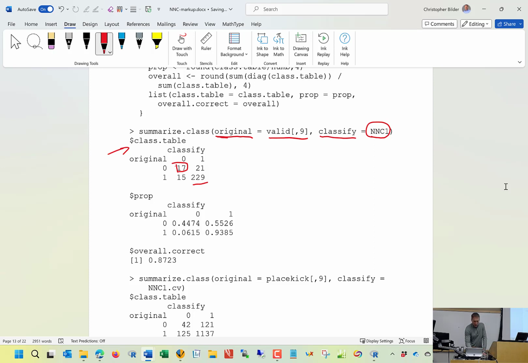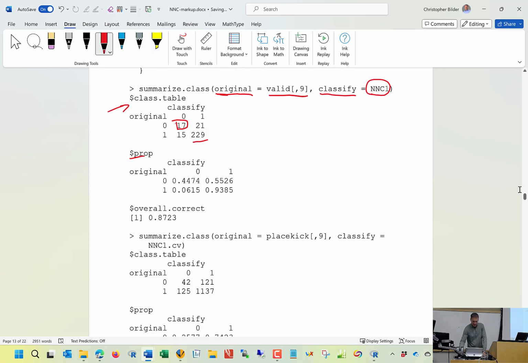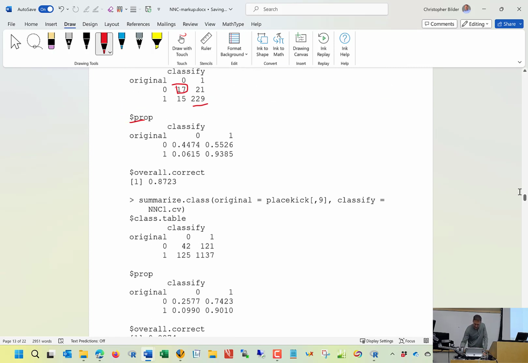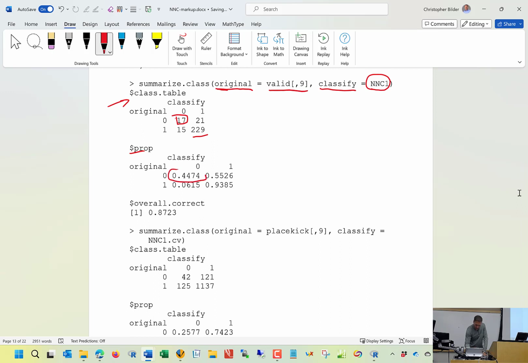So then if we look at the prop part of the list, this stands for proportion. This 0.4474, and this is just review, is 17 over 17 plus 21. So it's looking at, for those that were failures, what's the proportion that it got right? So about 45%. 0.9385 is 229 over 229 plus 15.